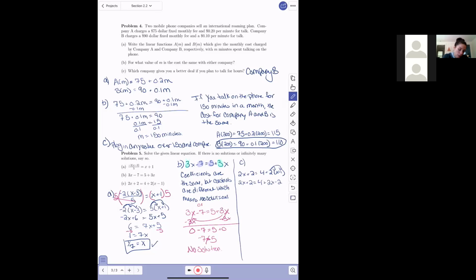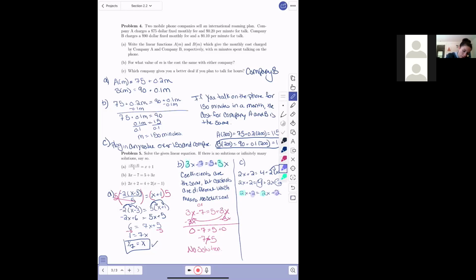Let's combine our like terms. We have 4 minus 2, so we have 2x plus 2 equals 2x plus 2. The equation is the same on both sides.